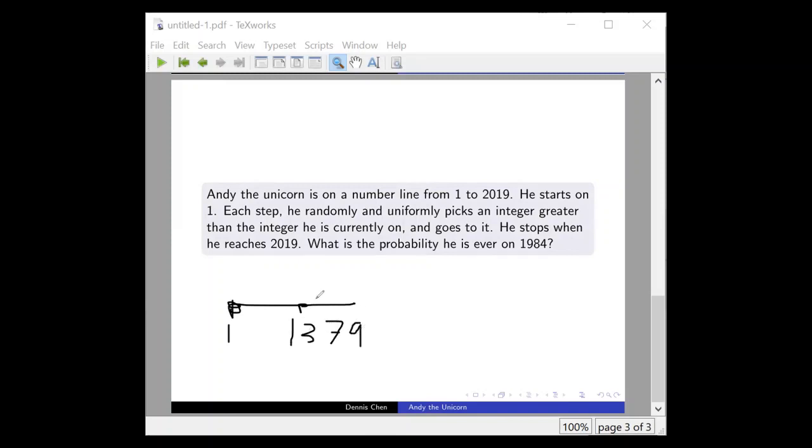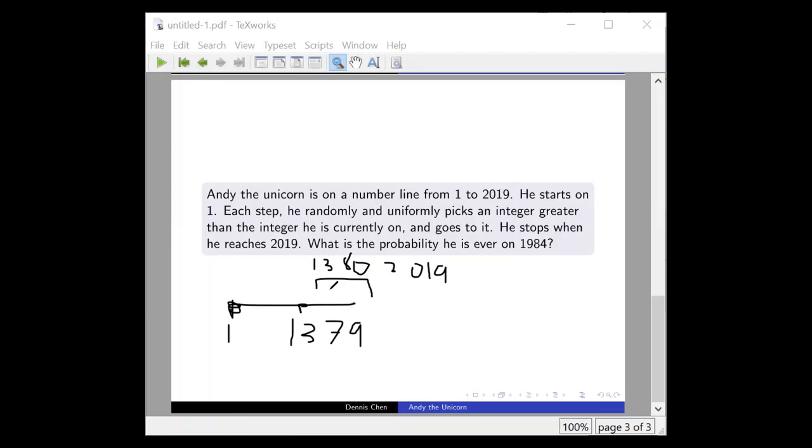Then out of the remaining numbers between 1380 and 2019, there are 640 of them, and he lands on any of these numbers in front of him with equal probability, and he keeps jumping forward. The reason he might not ever reach 1984 is because he could skip over it.